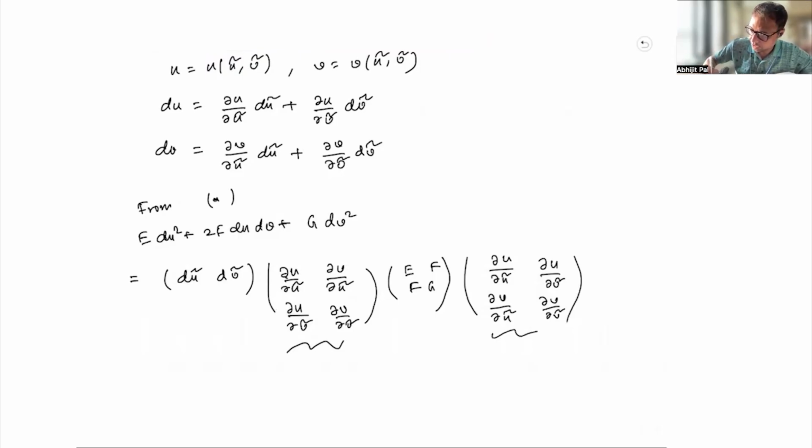This essentially is the Jacobian matrix, and this J here also will be multiplied by this column matrix du tilde, dv tilde. So let us take this J to be this Jacobian matrix.